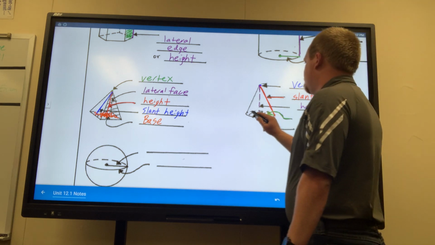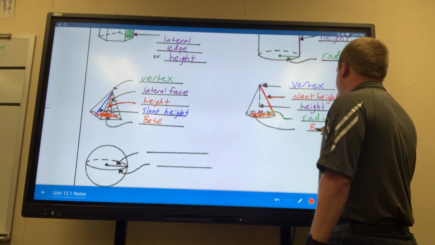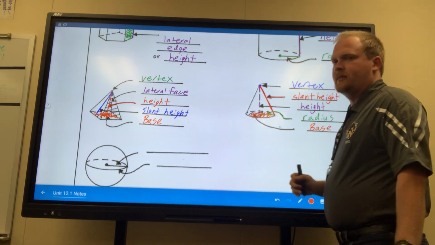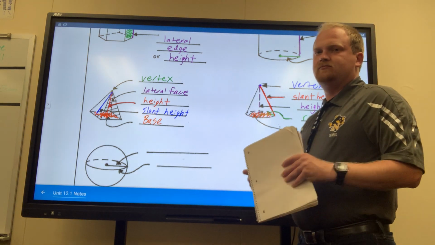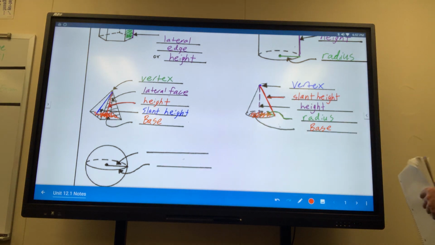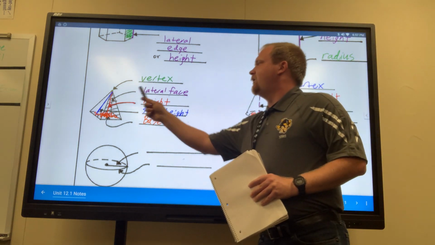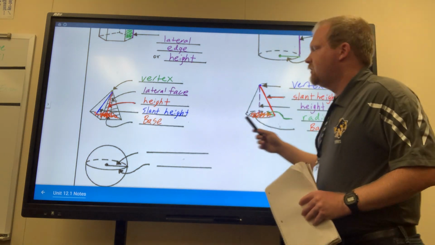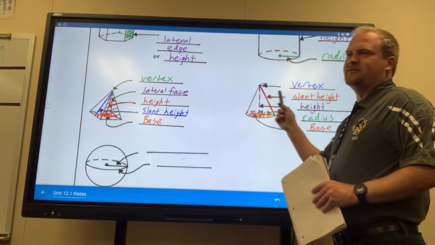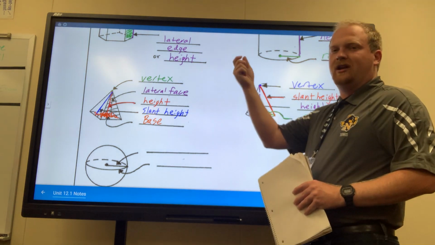And then we have this part right here, which we call the base. So really, one big significant difference, while this does have a lateral face, it's not so much the curve leading up to the vertex.